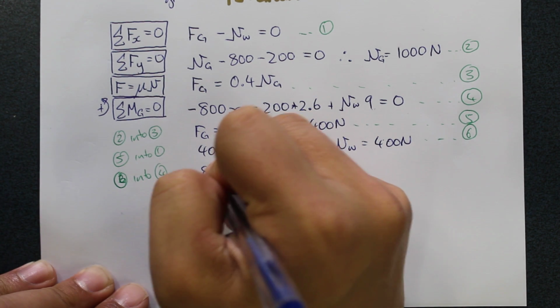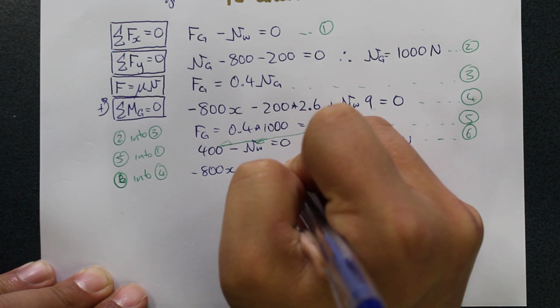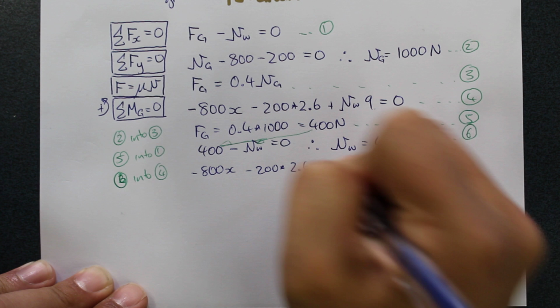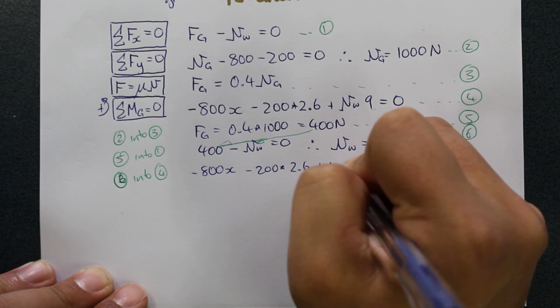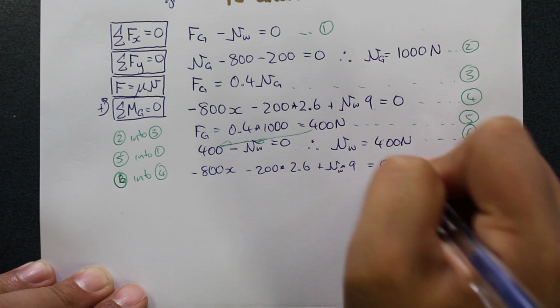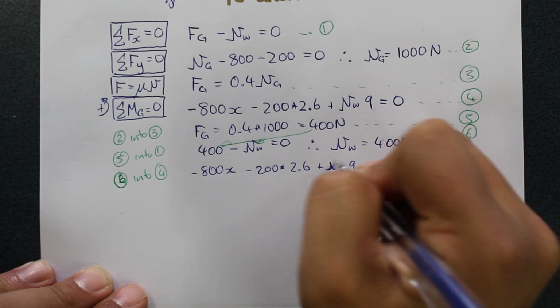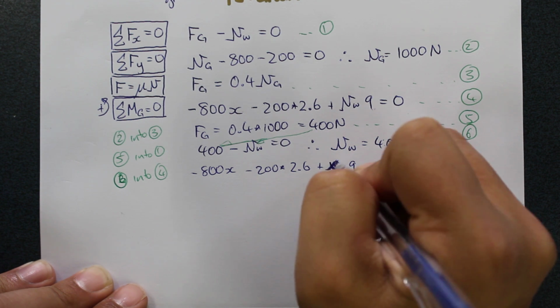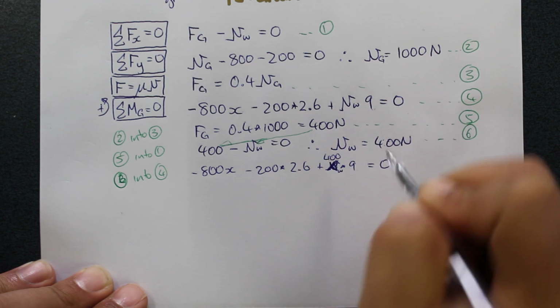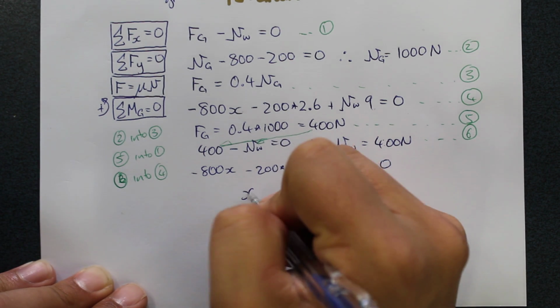And we get minus 800x minus 200 times 2.6 plus Nw times 9 equal to 0. Nw was equal to 400, so we can replace that with 400 and then rearrange and solve for x.